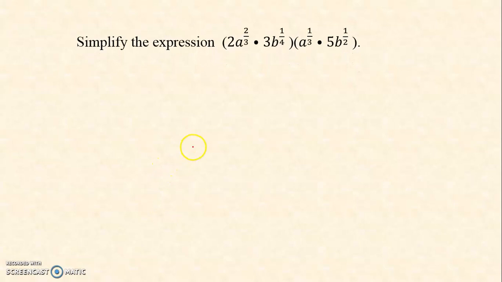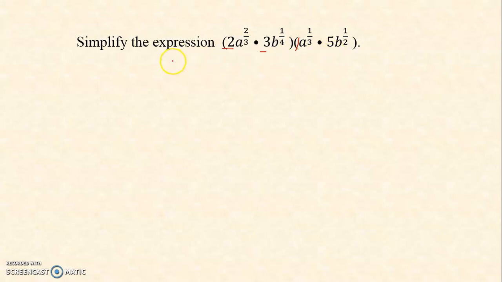Okay? Now, this is quite difficult because you're going to simplify an expression, a combination of coefficients and variables. Okay. So the coefficients here are 2, 3, any number here, that is 1, and then 5.